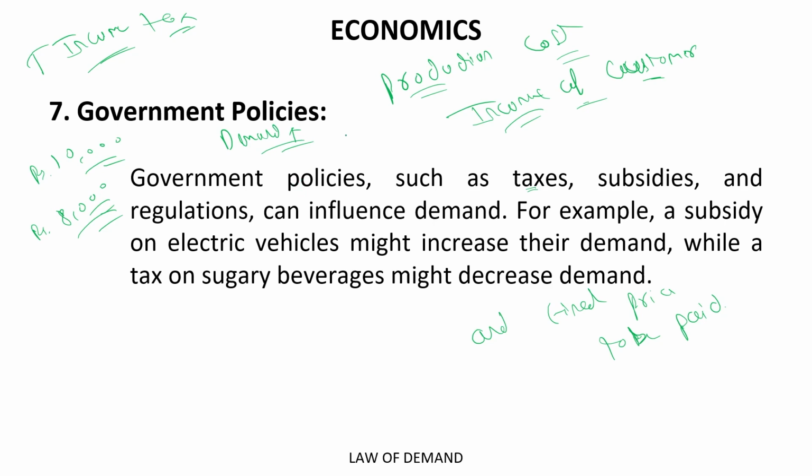And the final price to be paid is basically the taxes, or you can say the indirect taxes. What are indirect taxes? We will learn about them in the upcoming lectures. For now, just remember, indirect taxes are basically applicable on the final purchase.